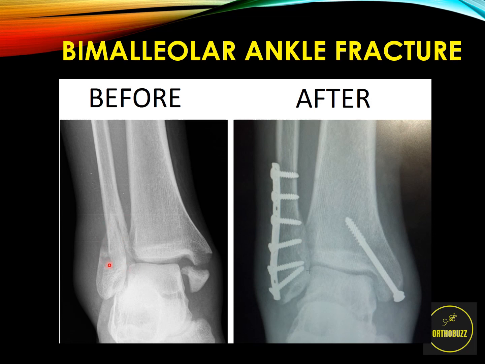As you can see, the fibular part of this fracture was a Weber B ankle fracture, and therefore once we fix the fibula, we then want to test the syndesmosis. If the syndesmosis was stable in the operation, which this one was, we can leave the syndesmosis and don't need to fix it.